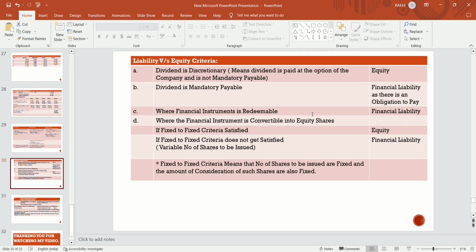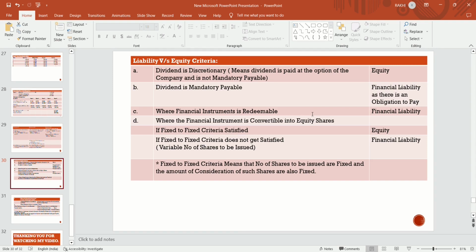Liability versus equity criteria: how the liability is to be treated, how the equity is to be classified. In Ind AS 32, how to present a financial instrument, that is, equity versus liability.